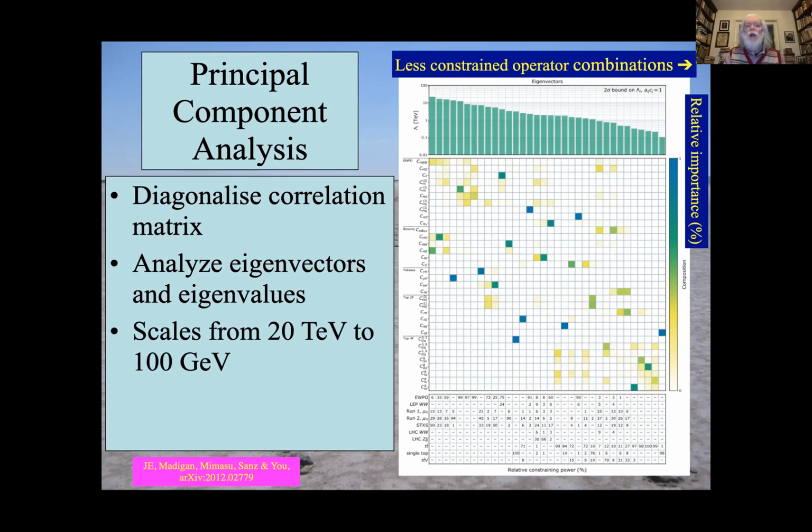And here you get constraints going all the way from 20 TeV down to something more like 100 GeV, although that operator is a somewhat special case, which is basically decoupled from the others. This, by the way, is what I call the go board plot, in deference also to East Asian culture. Generally speaking, as we saw previously, the strongest constraints come from the Electroweak and Higgs sectors, with weaker constraints coming from the top sector.